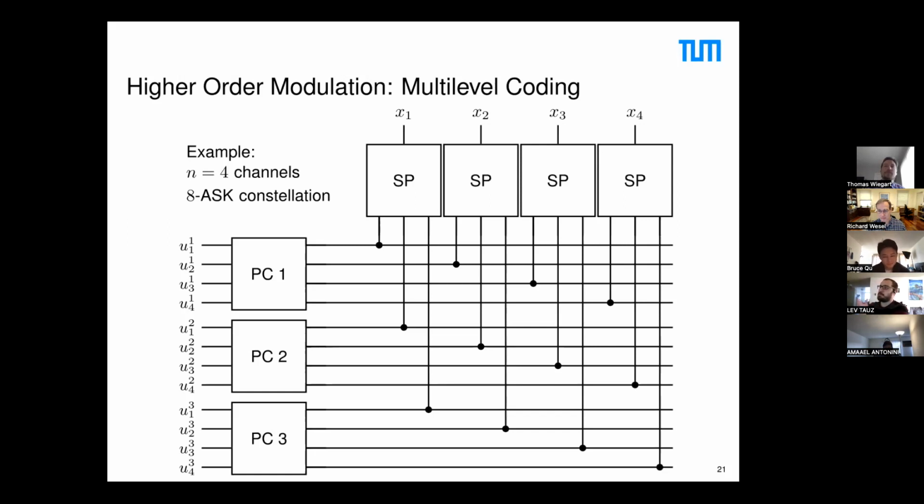So maybe you don't need it at every stage, but at some stages it might be useful. 8-ASK is probably not necessary, but if you go to even higher constellations, having those checks in the middle might be nice. Yes, I agree. Maybe especially for longer code words, where a few bits of CRC don't harm too much anymore in terms of rate. Maybe especially there it could help.